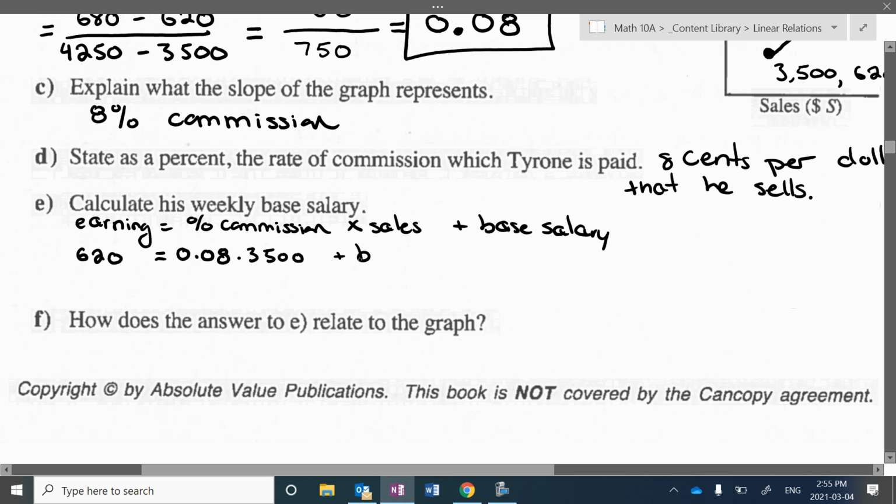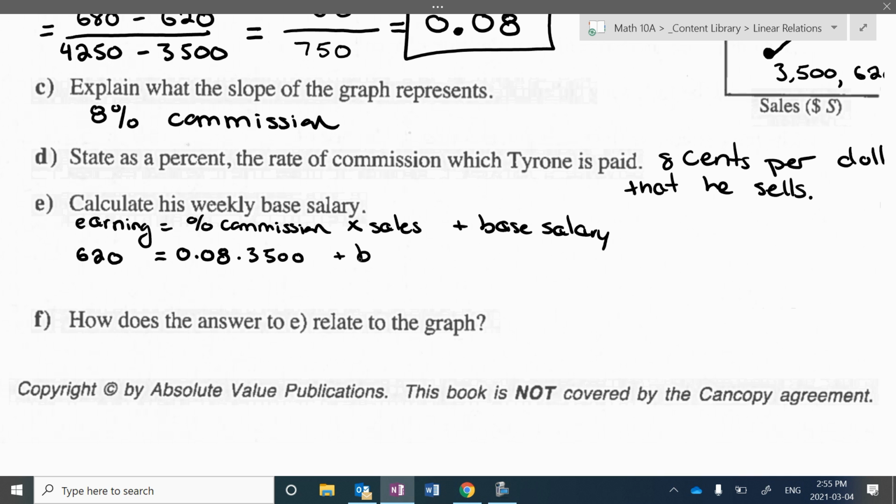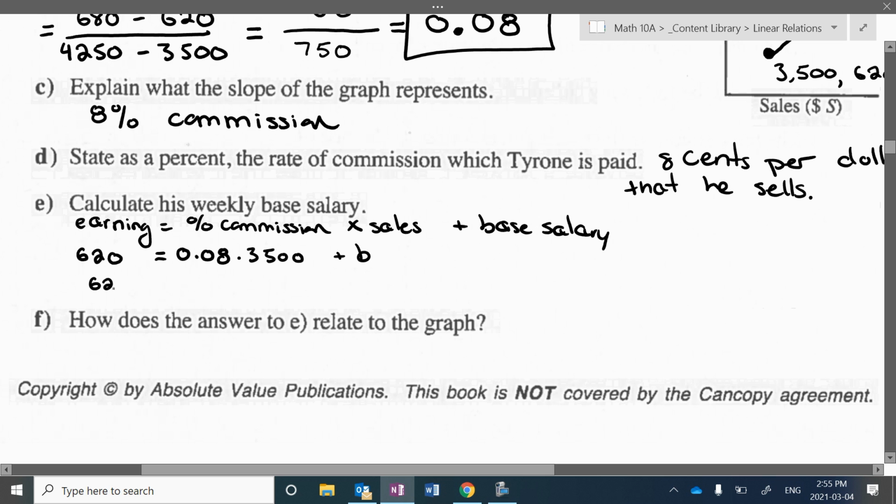Could I isolate and solve for B now? Yes. 0.08 times 3,500 gives us 280. Then I would subtract 280 from both sides. So his base salary, no matter what, is $340 per week.